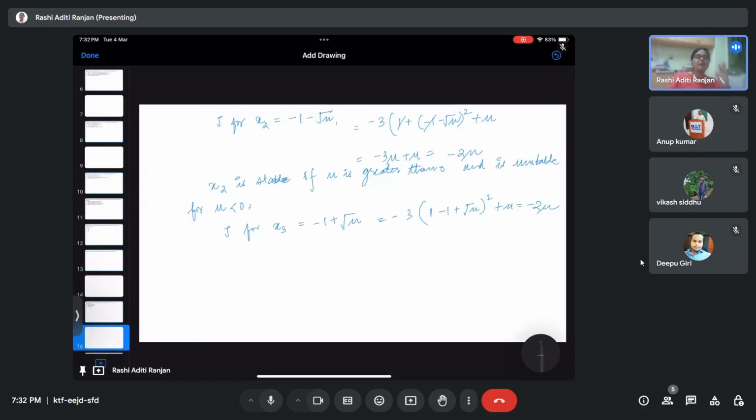So if you remember, such a thing actually happens in the case of a pitchfork bifurcation. Remember, we had 0 as stable, then we have two branches which become stable and the 0 becomes unstable, right? So this is nothing but the case of pitchfork bifurcation, that too supercritical.